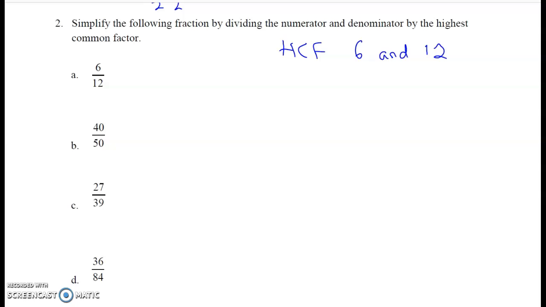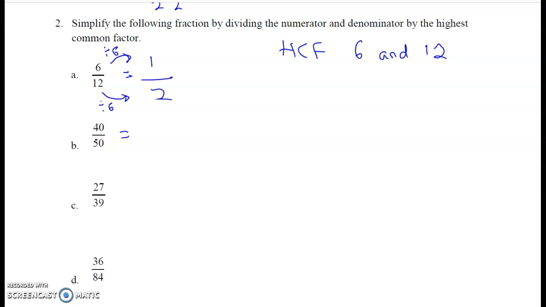So if we divide 6 by 6, it's going to give us 1. And if we divide 12 by 6, it's going to give us 2. So 6 out of 12 is the same thing as a half in its simplest form.